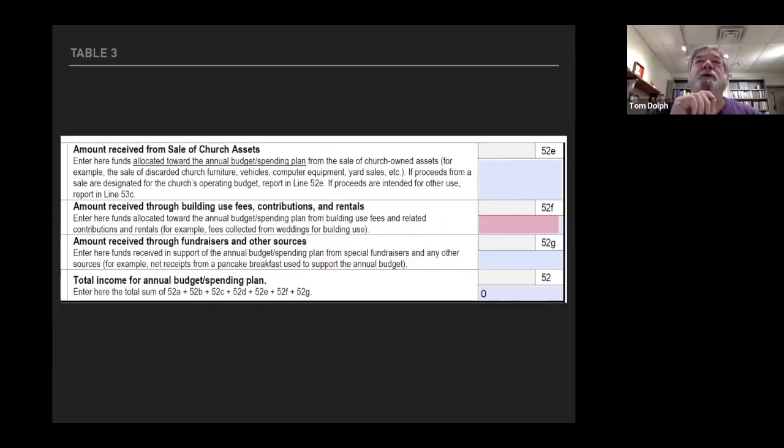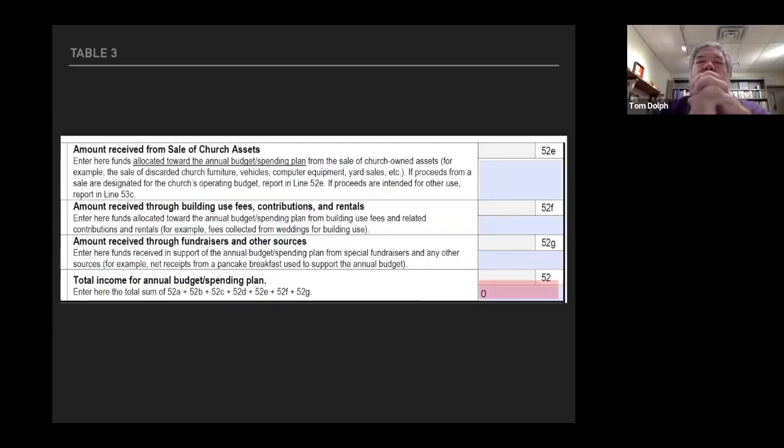Again, the key is the proceeds are intended for use for operating expenses in the current year. Same for fundraisers, chicken dinners, bake sales, cakewalks, goldfish sales, whatever it is, if the proceeds are used for operating expenses in the current year. And then the total of all of those.